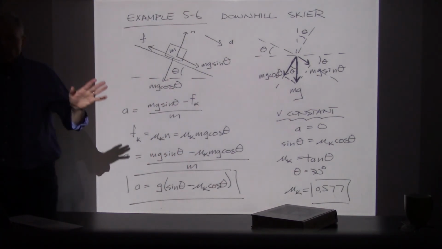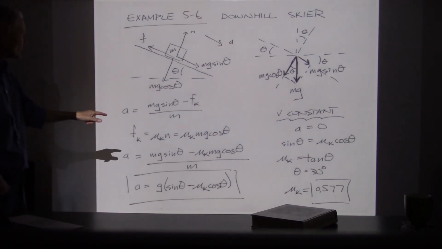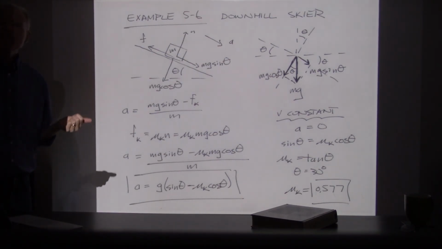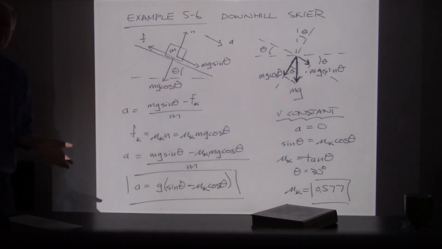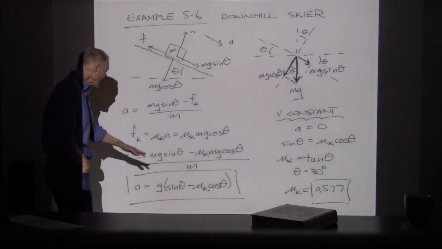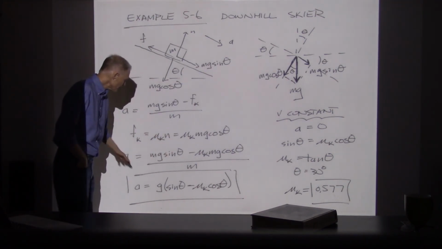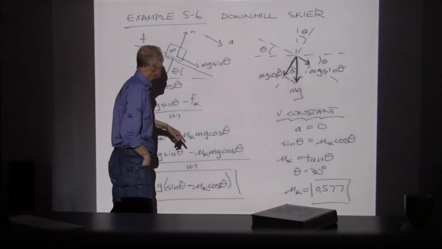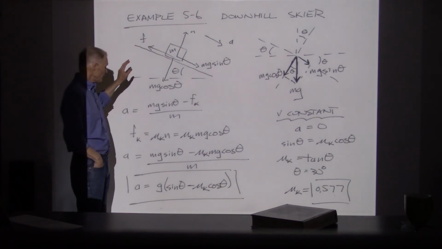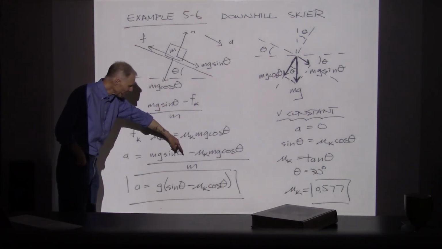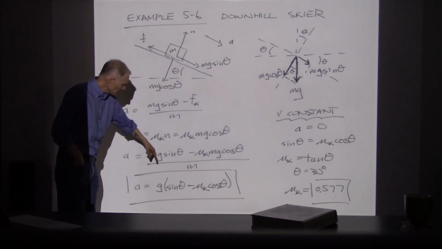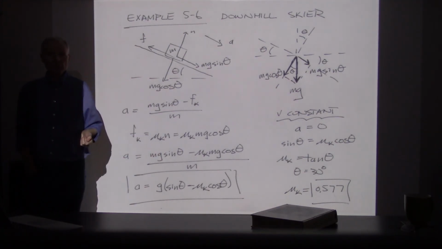So if we get rid of the friction, if we set mu sub k equal to 0, it's the same formula we had in that last example in chapter 4. But now we've included friction, so the formula is more general. The formula now can accommodate frictional effects. So that's the formula that we've got in general. If mu sub k cosine theta is smaller than sine theta, the skier will be picking up speed.